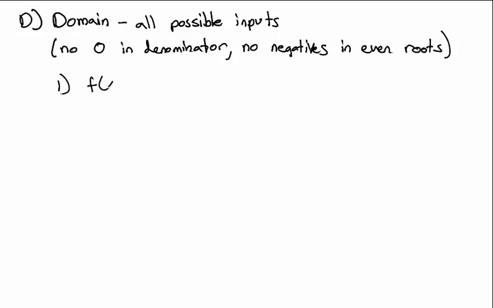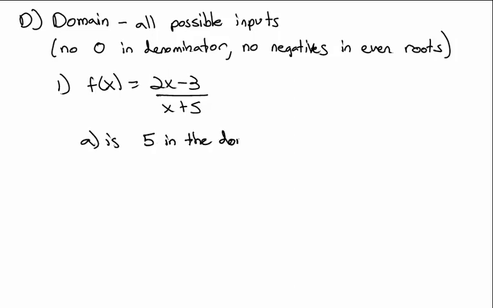So if we have a function like f of x equals 2x minus 3 over x plus 5, and we're asked, is 5 in the domain, what we're really saying is, can 5 equal x? Can we find f of 5?